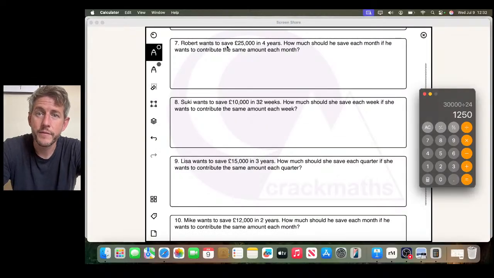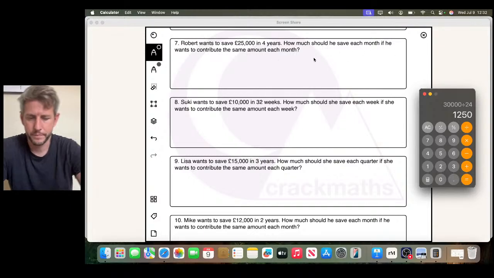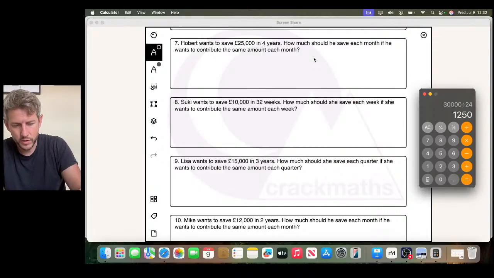Robert wants to save £25,000 in 4 years. How much should he save each month if he wants to contribute the same amount each month? Okay, right, so 4 times 12 is 48. So we know that there's 48 months in 4 years.